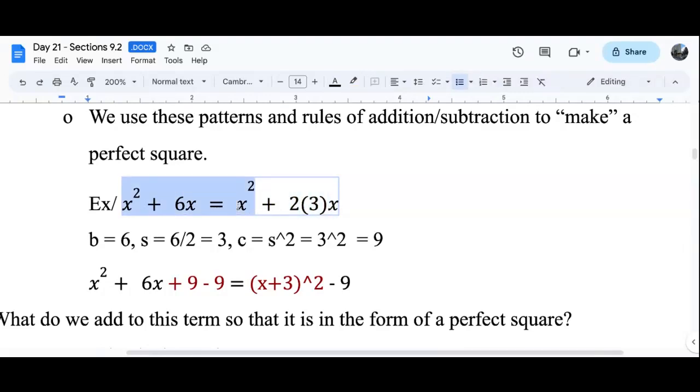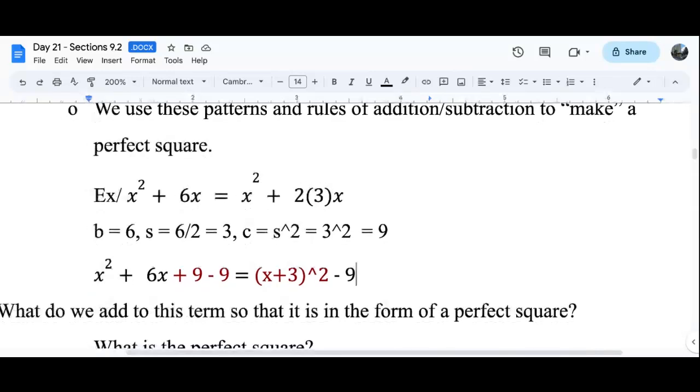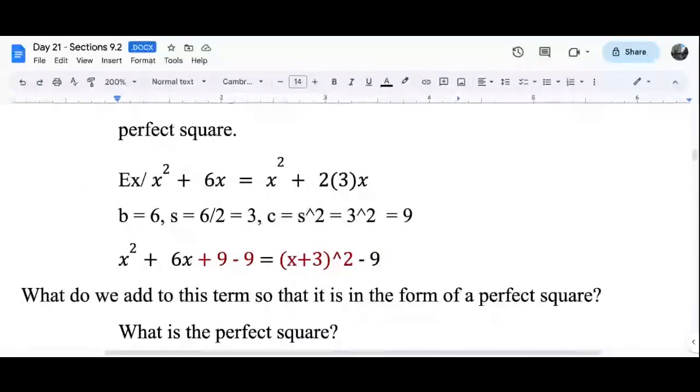We see x is from the first term, so the second term has to be 3 squared, which is 9. That's why we add 9, subtract 9. In that case, x squared plus 6x plus 9 is x plus 3 squared. So we have completed our square. Anyone has any question for this?